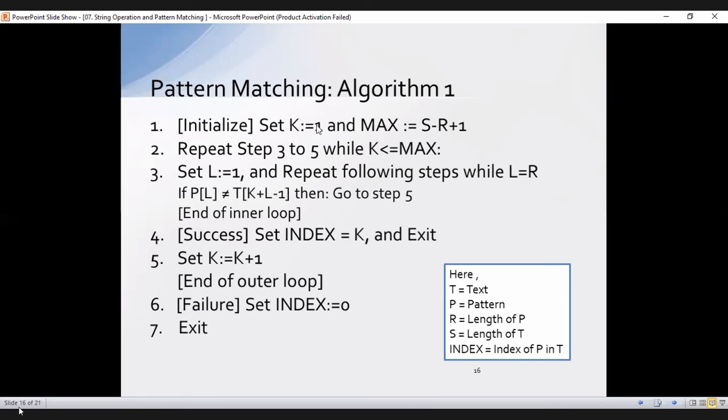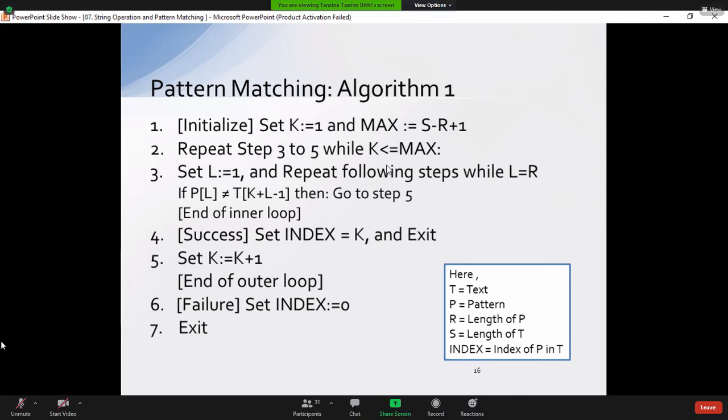K equals to 1, and what is the maximum value of K? S minus R plus 1, that is 8 minus 4 plus 1 equals to 5. So we have total how many substrings? 5 substrings. Now step number 2, repeat step 3 to 5 while K less than or equals to maximum. So we'll repeat step number 3 to 5 for which condition?